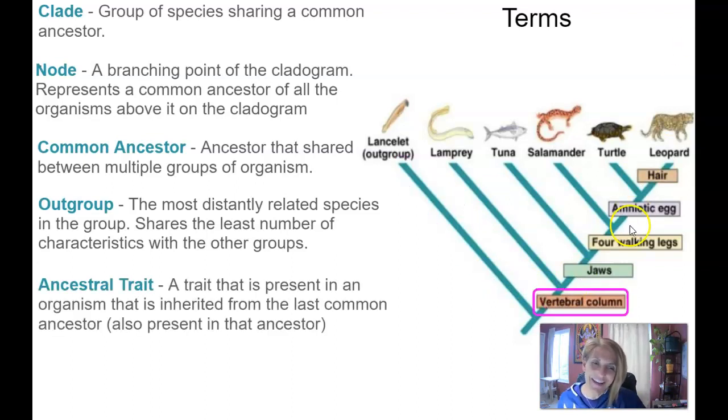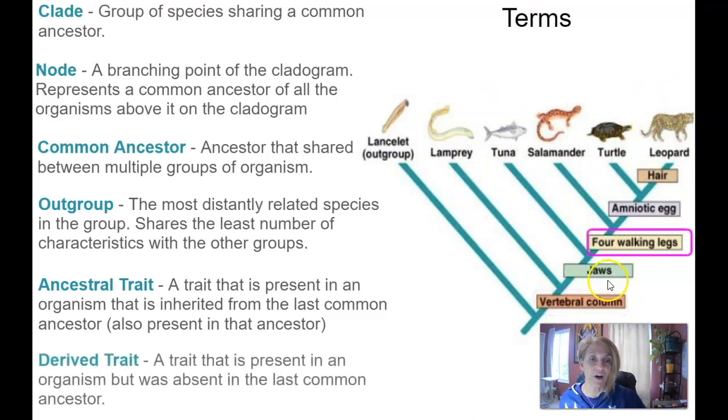The trait that they all share is called an ancestral trait. So all of these organisms got their vertebral column from a common ancestor. Each of them have new traits that have caused branches in their lineage. Those new traits are considered derived traits. They weren't present before. So the jaws were derived from the vertebral column.